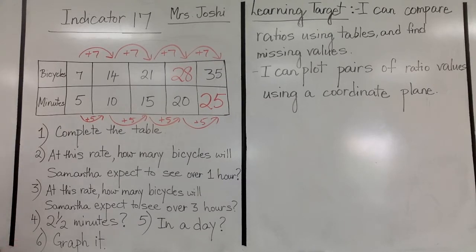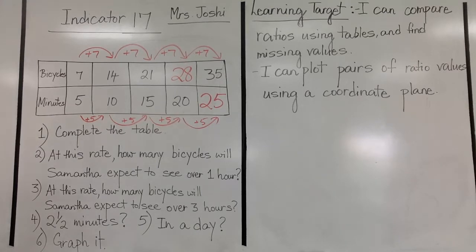There are several ways to do this. At this rate, how many bicycles will Samantha expect to see over 1 hour? There are a couple of things I can do.